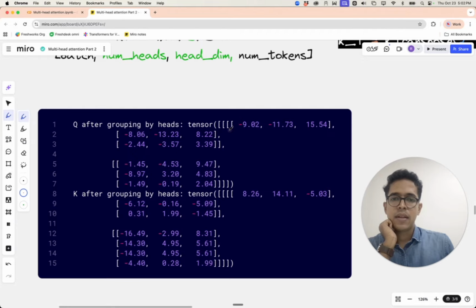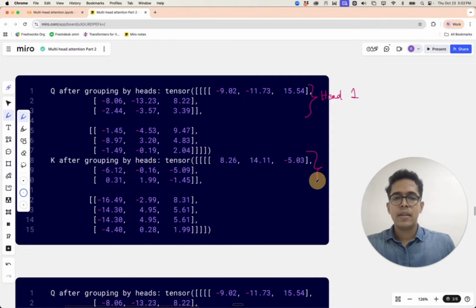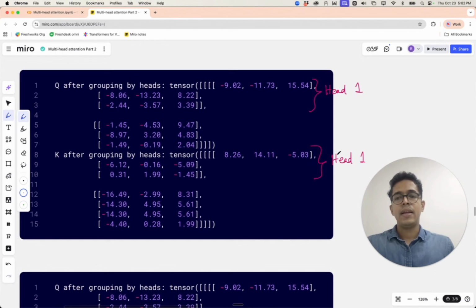These 3 belong to attention head number 1, right? In query. Similarly, these 3 are also attention head number 1 in key. So what I want to do is this: whatever is these 3, they should get multiplied with the transpose of these 3, correct?